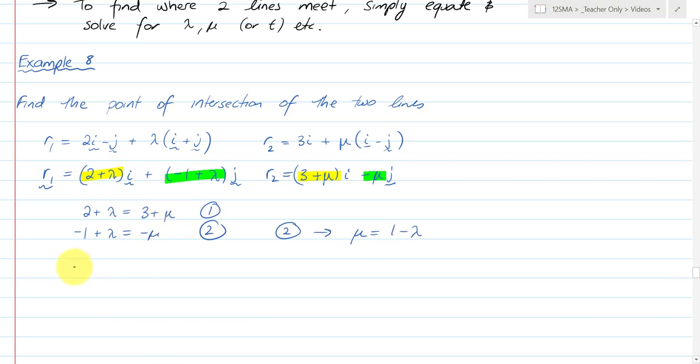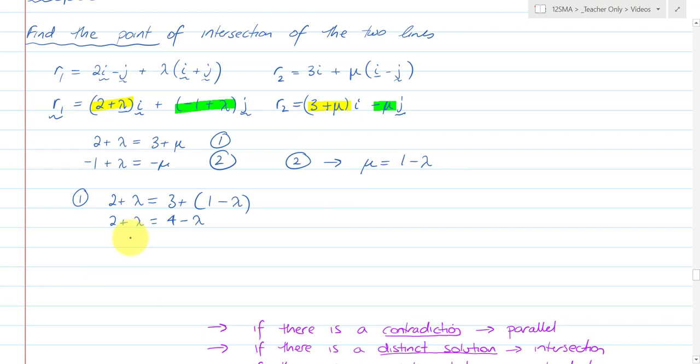And that gives me, in equation number 1, 2 plus lambda is equal to 3 plus 1 minus lambda. And that gives me 2 plus lambda is equal to 4 minus lambda, which gives me 2 lambda is equal to 2, and that is lambda equals 1. So that's my lambda value. And over here, mu is equal to 1 minus 1, which equals 0.